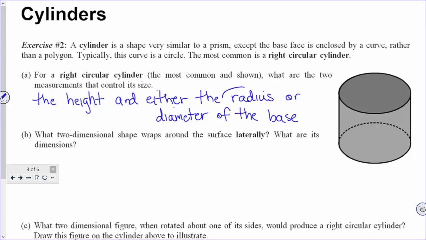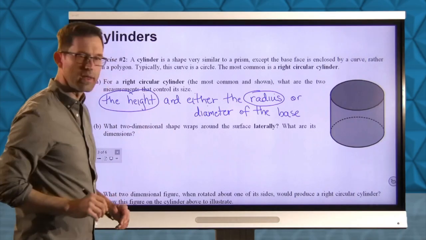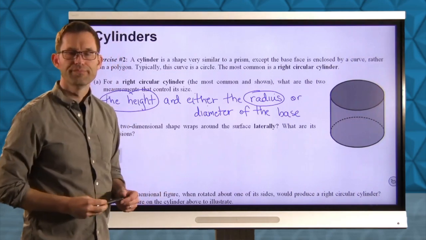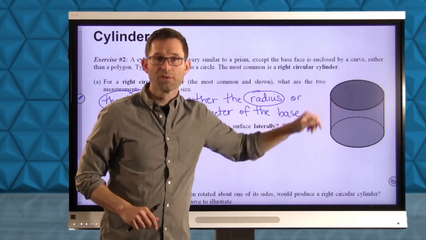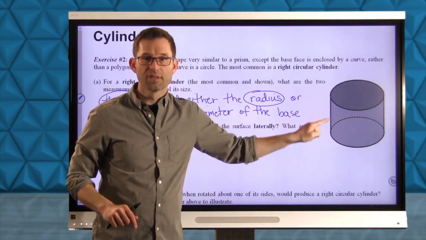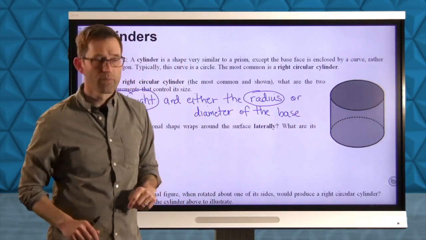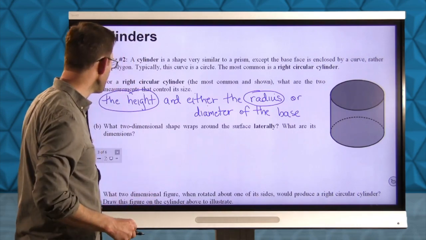More commonly, it's the radius. So the height and the radius of the cylinder. The radius is just the radius of those two circles, and the height is the distance between the two circles.